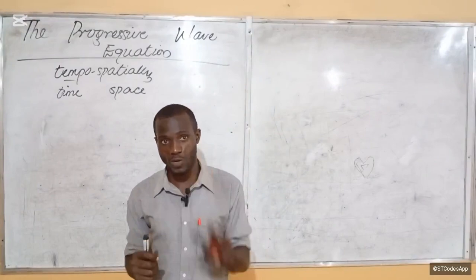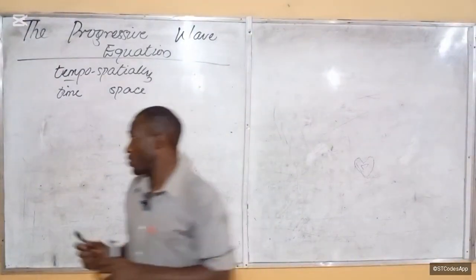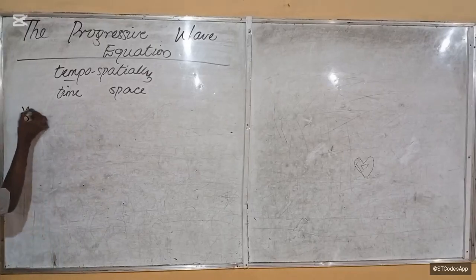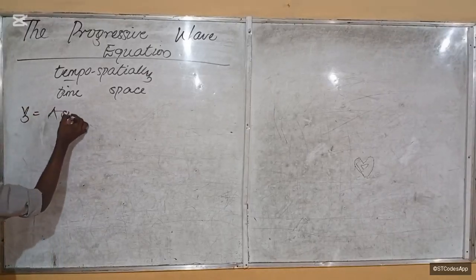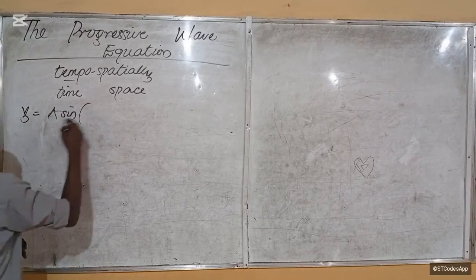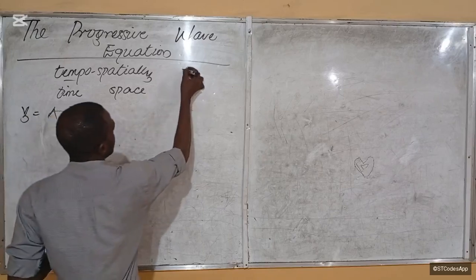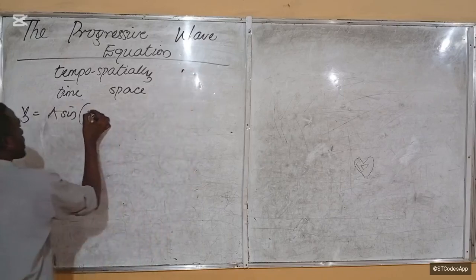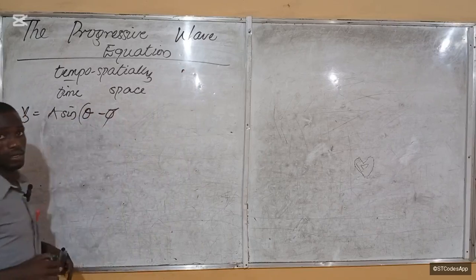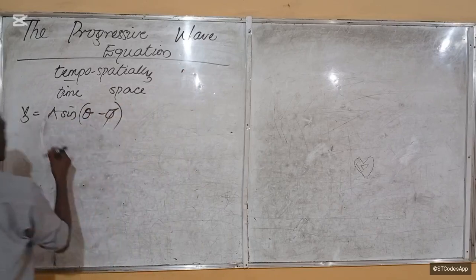Now, there are two forms of the equation. Which are y equals a sine of theta minus phi. You must have seen this before.